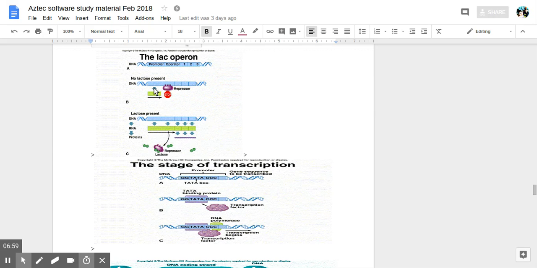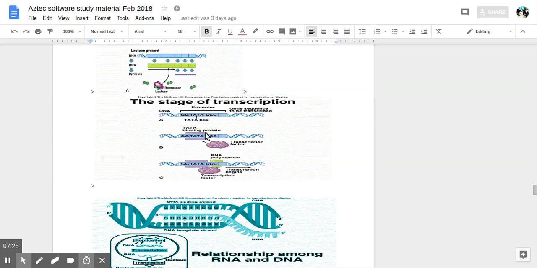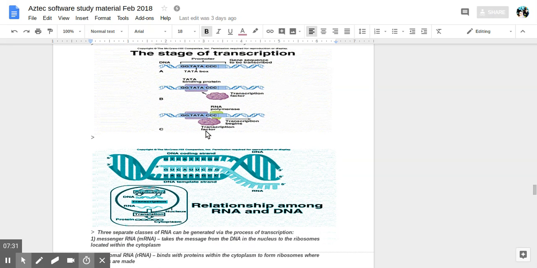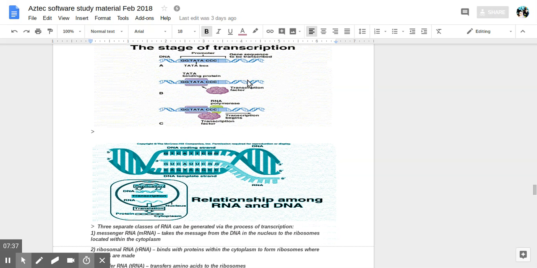There's no transcription of mRNA, and therefore no protein being synthesized or translated, because there is a repressor protein that stops the initial transcription of mRNA. With the lactose, the repressor is bound and removed. Therefore, mRNA is created and protein is created. So that's one example showing how transcription occurs in the gene to be made into a particular protein.